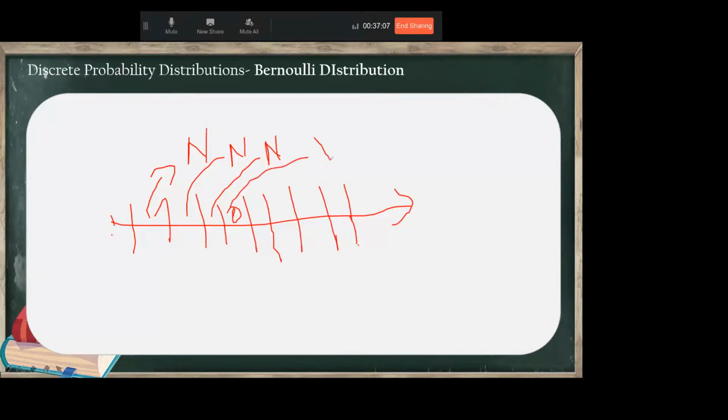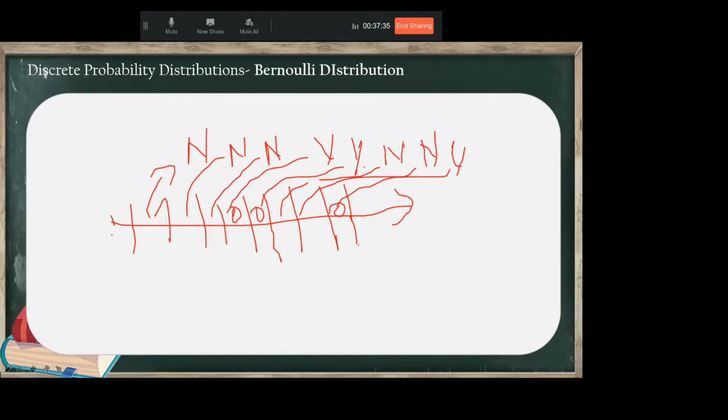That says yes outcome, or success outcome. Then I again found yes. So I have 1, 2, 3, 4, 5, 6, 7, 8, 9, 10. Let's say I flipped the coin 10 times, and from 10 times I got this kind of distribution.